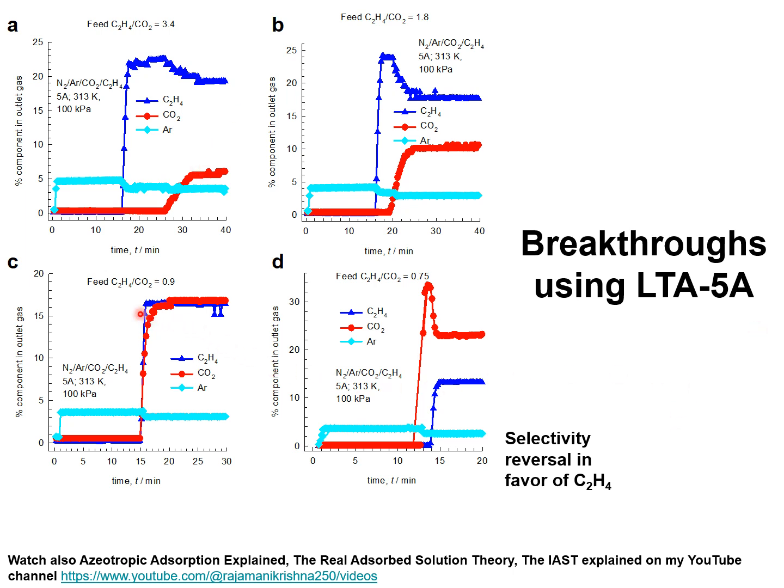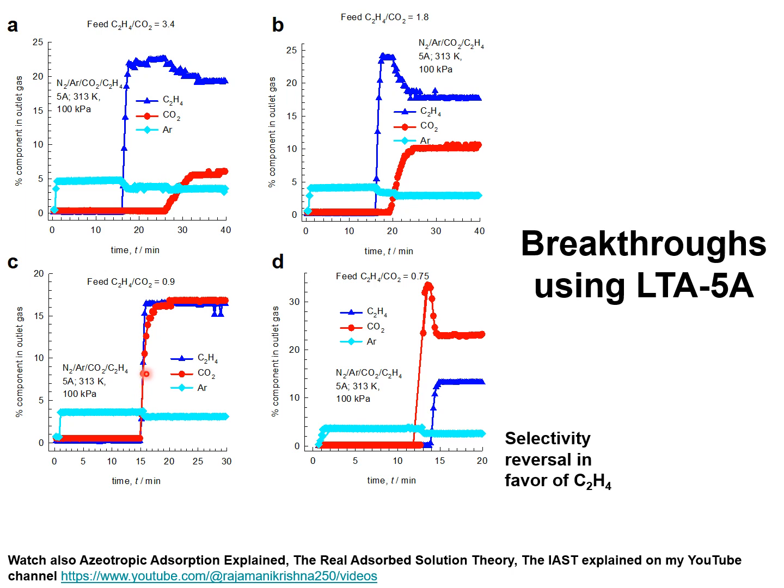The situation is quite different for a feed mixture in which the ratio of C2H4 to CO2 in the feed mixture is 0.9. In this case, we see that the breakthroughs of CO2 and C2H4 occur at the same time.